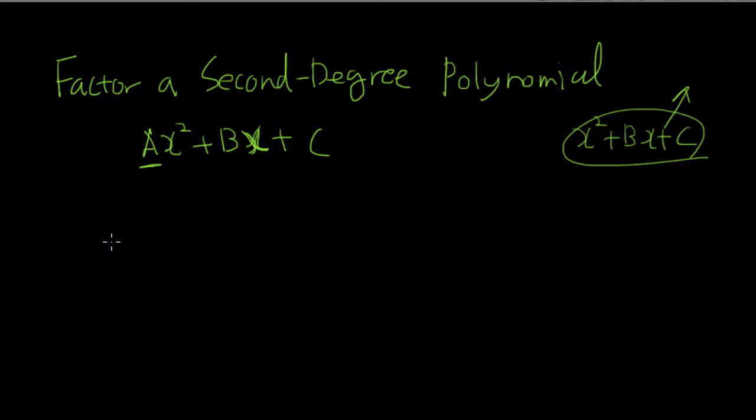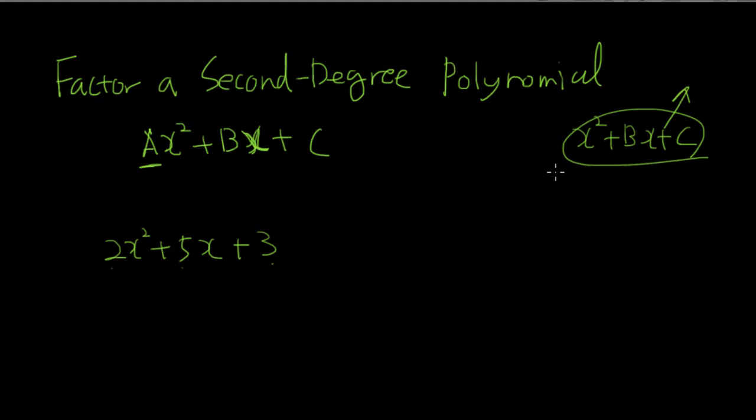Let's say we have 2x squared plus 5x plus 3. Now we have number, number, number. We cannot use any of those previous techniques to factor this.